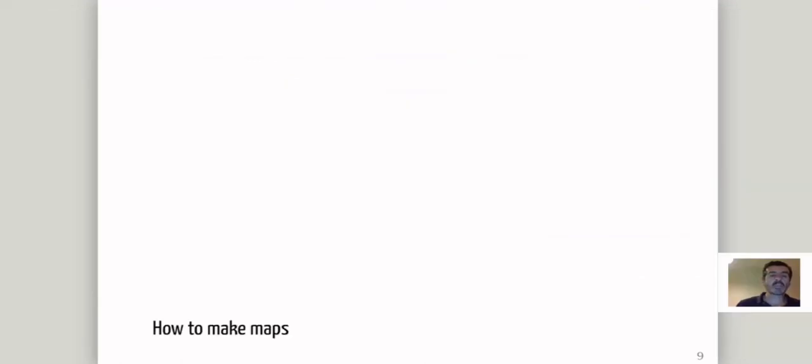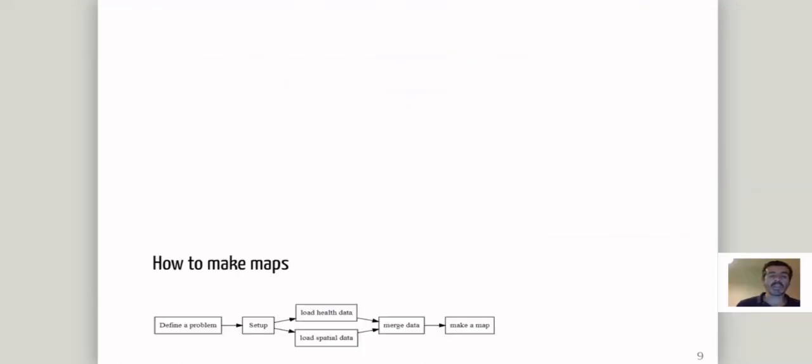So to make our maps, we need some information. The first thing will be to look at what we want to put in our map, and define the problem. We're interested in a certain disease or a certain factor. When we have defined that, then we can start setting up our computer, obtain the data we need, merge this data, and then make our map.